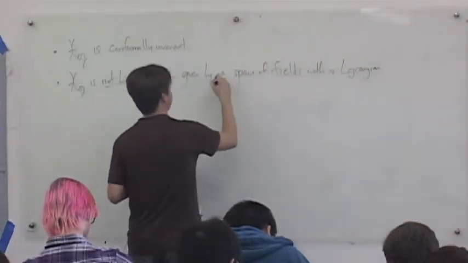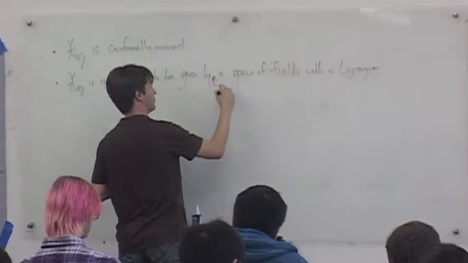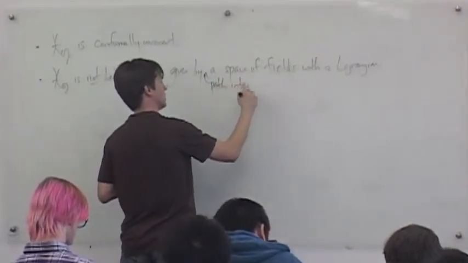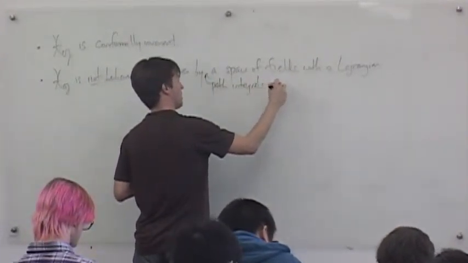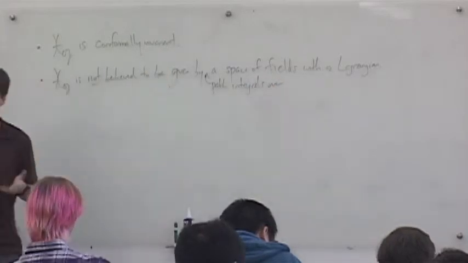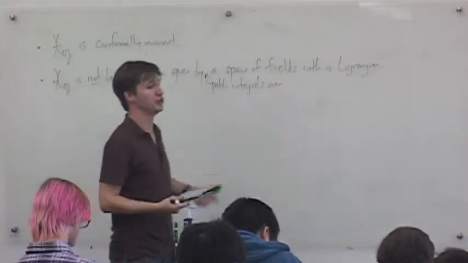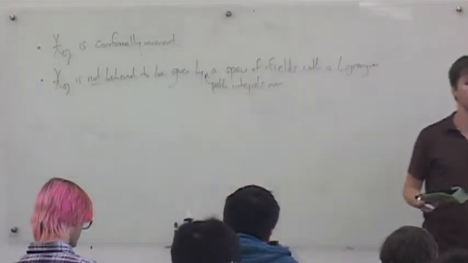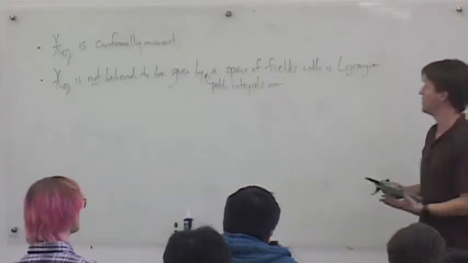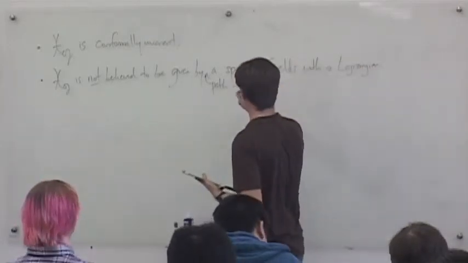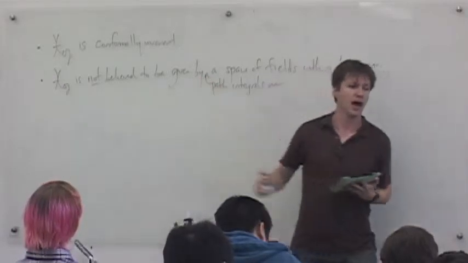Maybe I should say it is not believed to be given by path integrals. Sometimes when people try to define quantum field theory, they say it's a machine that produces numbers, and the way it produces the numbers is by doing path integrals. This quantum field theory is a machine which produces numbers, but it does not do it by path integrals.